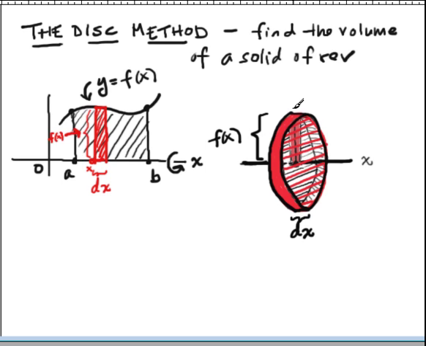Notice that the radius of this disk is f of x. And the thickness of the disk is dx.